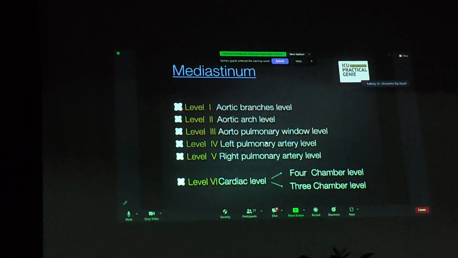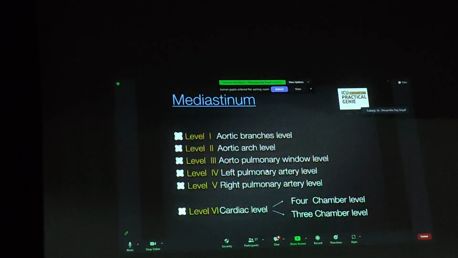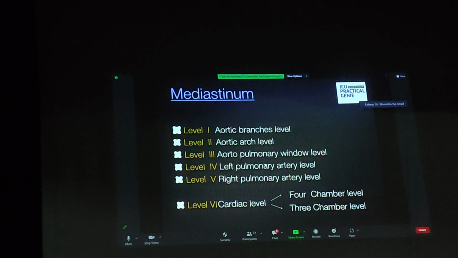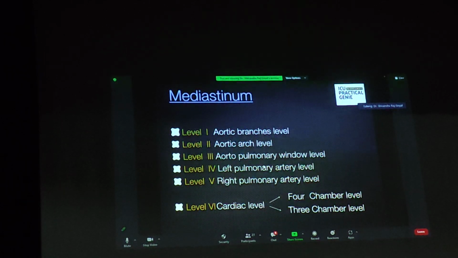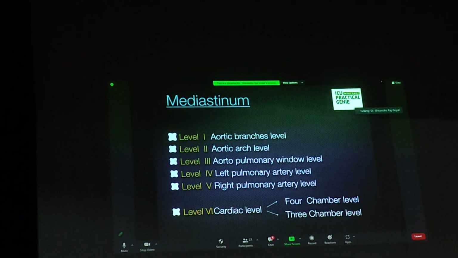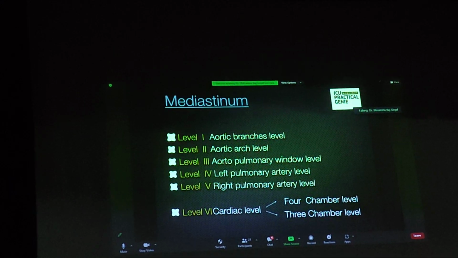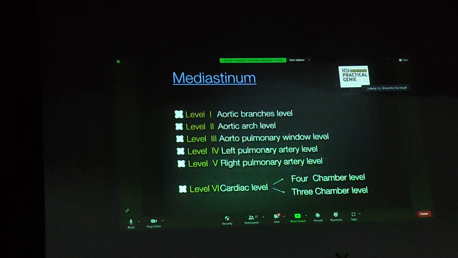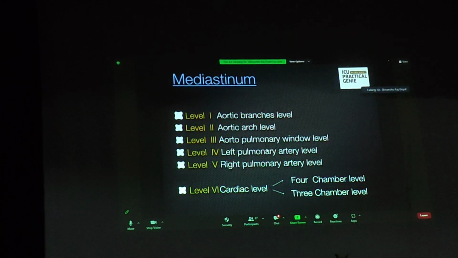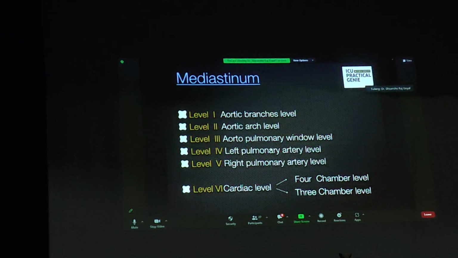Level 1 is called the aortic branch level, level 2 is the aortic arch level, level 3 is the aortopulmonary window level, level 4 is the left pulmonary artery level, level 5 is the right pulmonary artery level, then comes your cardiac level with the 4 chamber level and 3 chamber level. Because whenever the patient is lying down in a CT scan machine, you are actually scanning the patient from superior to inferior. So this is the way you go about it. From the top, you go to the bottom.